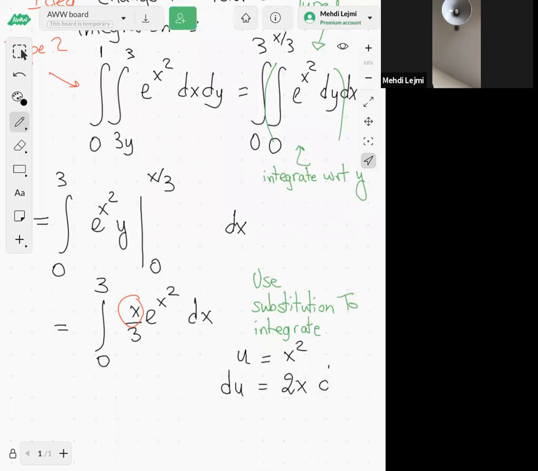Of course, you need the dx. In other words, the derivative of u with respect to x, du dx, is equal to 2x. So then du is equal to 2x dx. You just cross multiply.